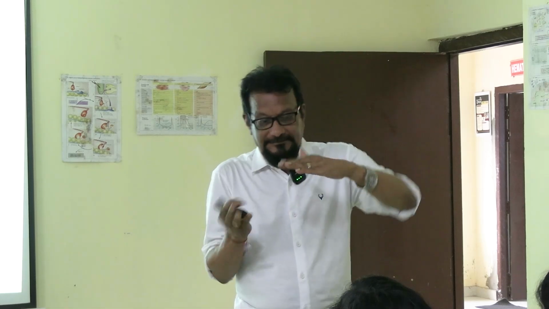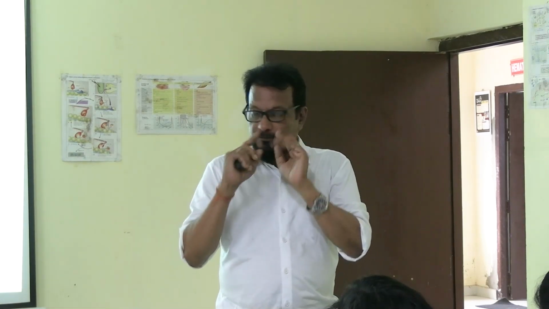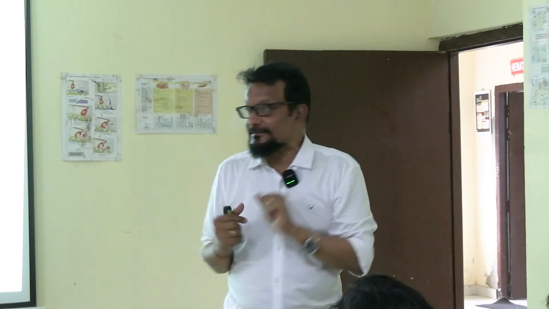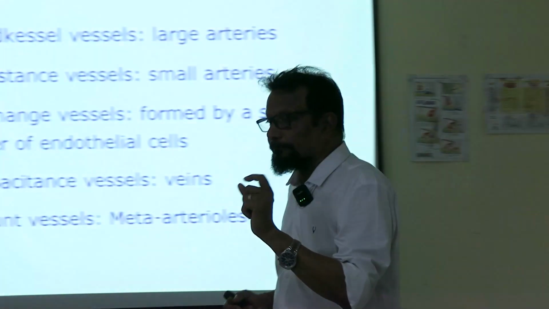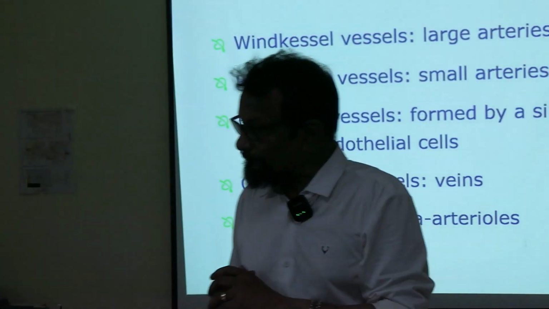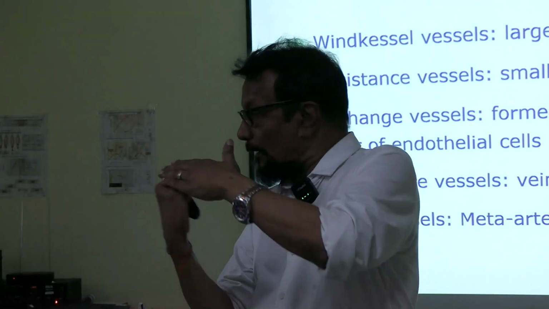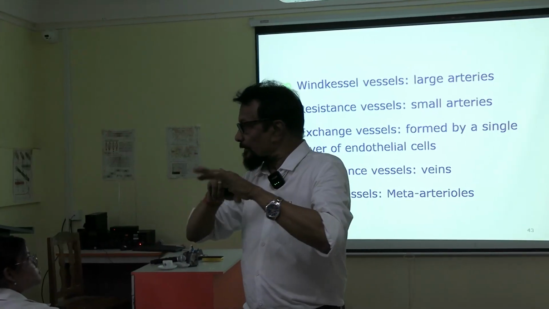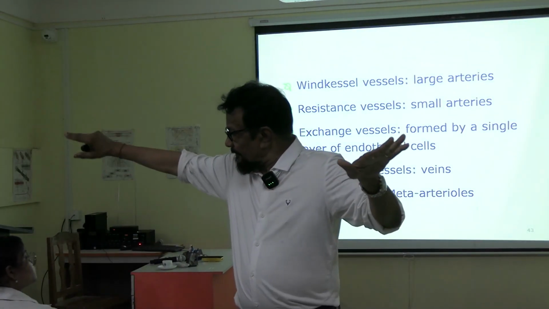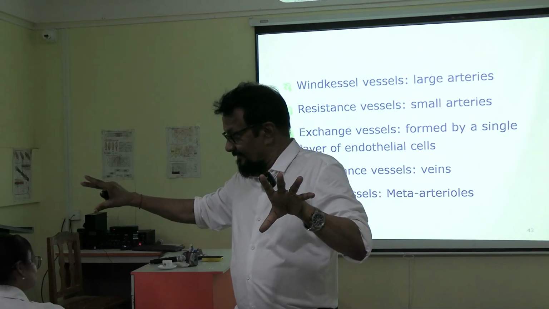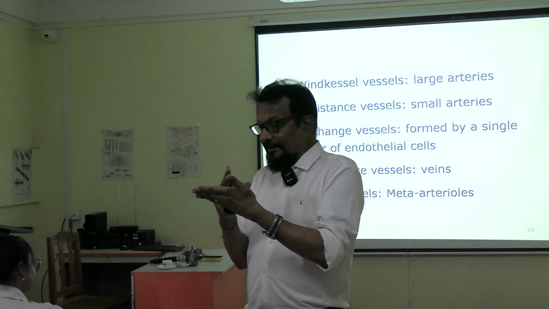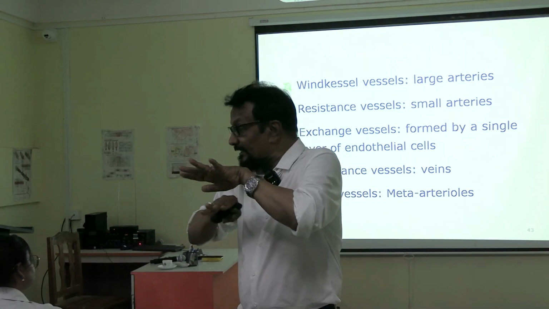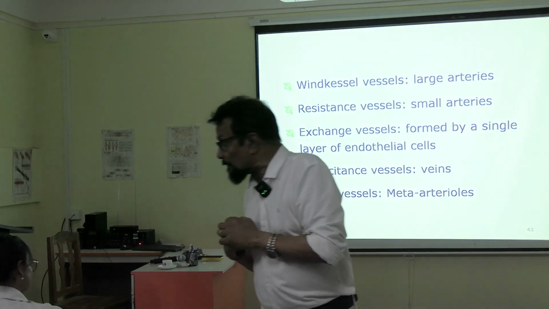Now these endothelial cells are nothing but squamous epithelium. Single layer, continuously arranged, and they are flat. And the inner surface of this endothelial cell is very smooth. Why is the inner surface smooth?